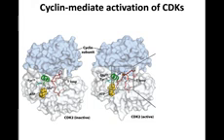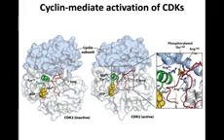If we were to zoom into this particular part of the active site, we will see that the phosphorylated threonine residue interacts with arginine residues that are positively charged. Now, CDK2 becomes active as a result of dephosphorylation of tyrosine 15. And as a result, ATP can bind in the active site and CDK2 can initiate phosphorylation of its substrates.